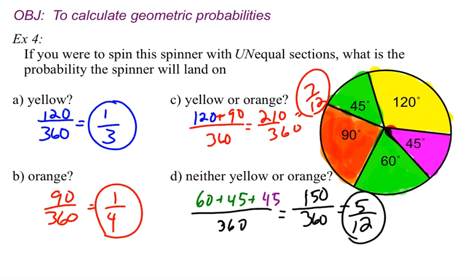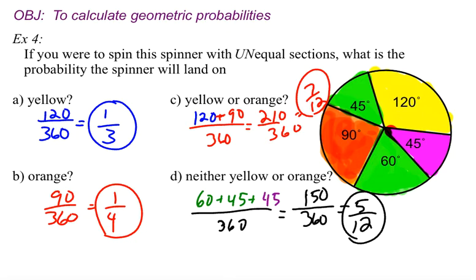Look at the relationship between your answers to letter C and D. Does anybody know the name for D when we're comparing it to C? We call those complements, complement events, because together they cover all the possible outcomes that could happen.